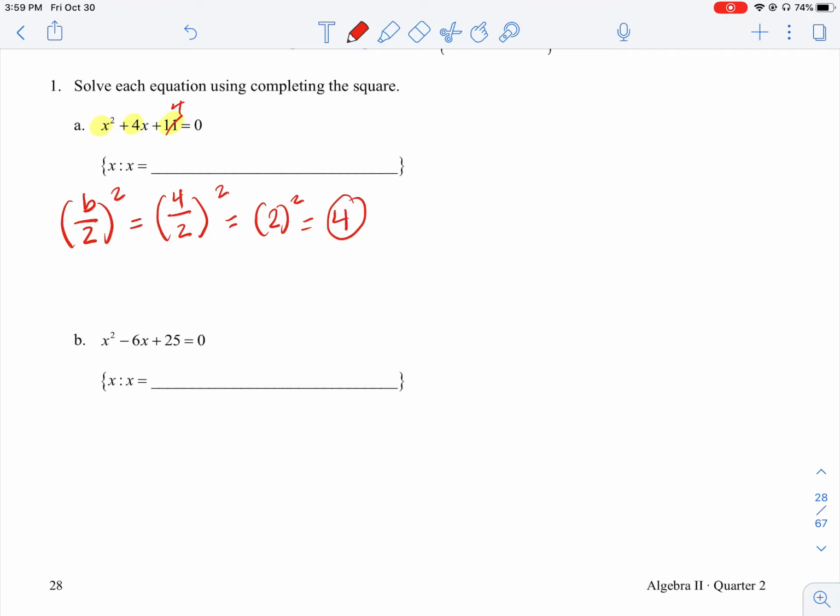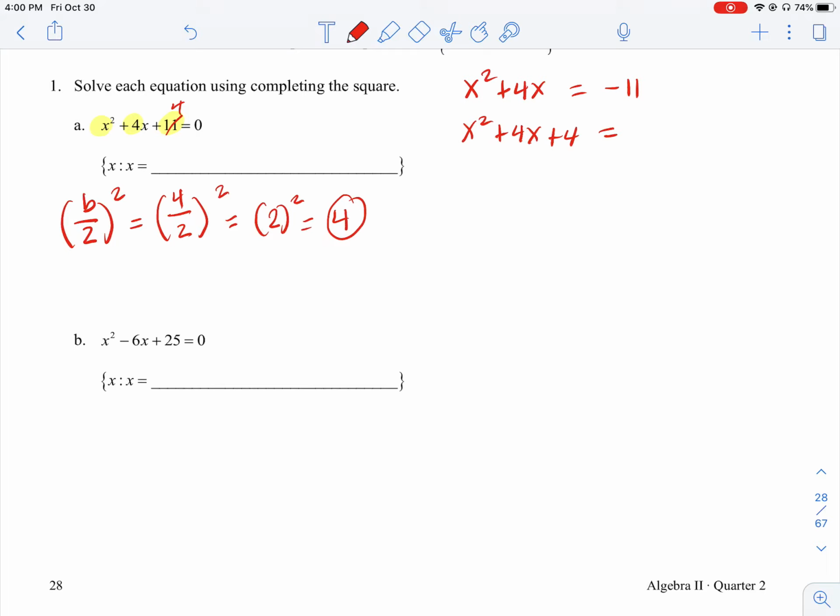But because it's not a 4 yet, our job is to get rid of the 11 so that we have a space to put the 4 in. That makes sense? So we have x squared plus 4x equals negative 11 because you have to subtract 11 on both sides. Then you're going to have to put the 4 to complete the trinomial.